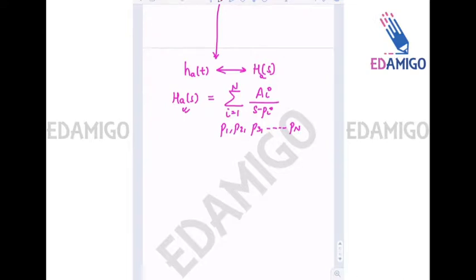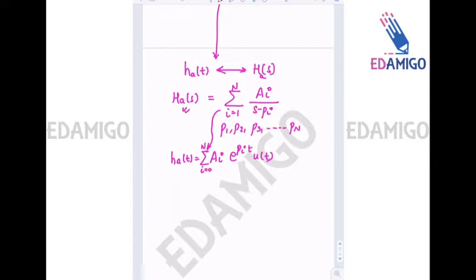Now if I convert this into time domain, h(t), we know that it will come out to be summation of A_i e to power p_i t u(t).